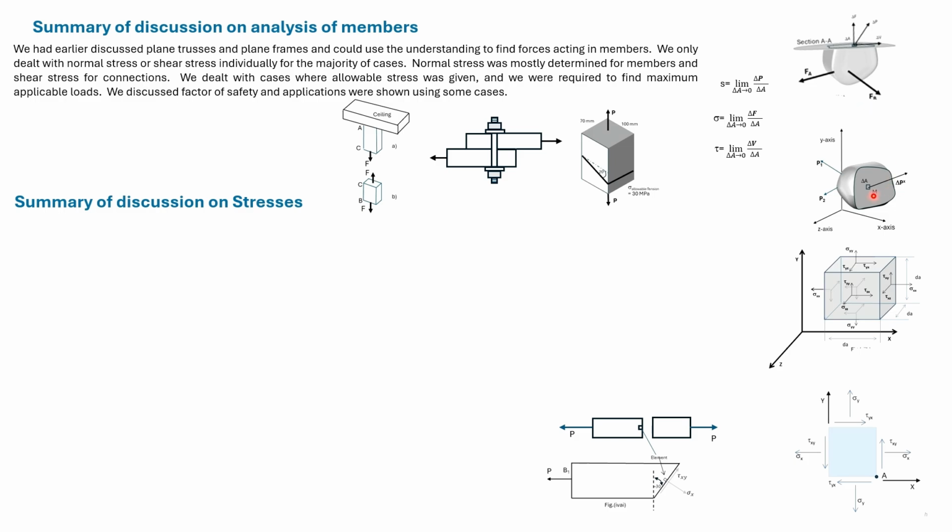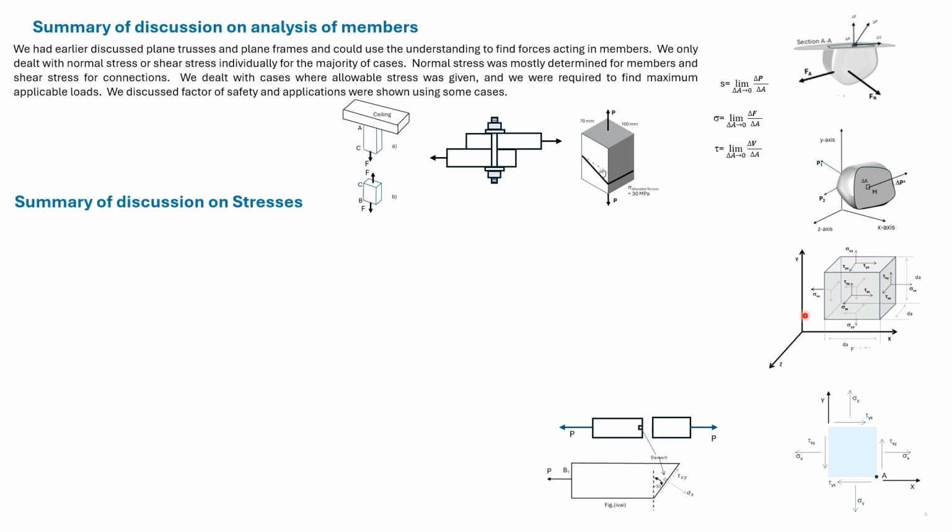This arbitrary force is considered for an area del A. Setting del A tends to 0, we find the stresses acting. In this manner, we find the state of stress at the point M.